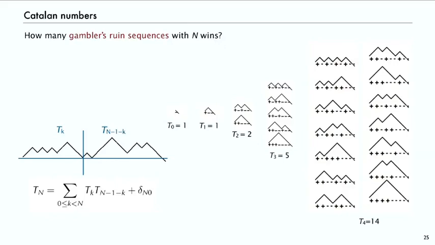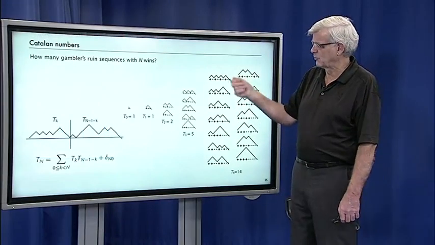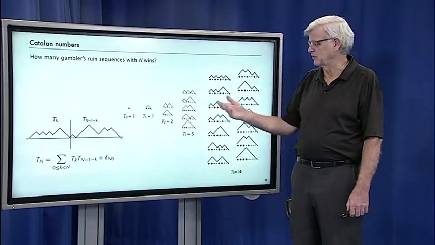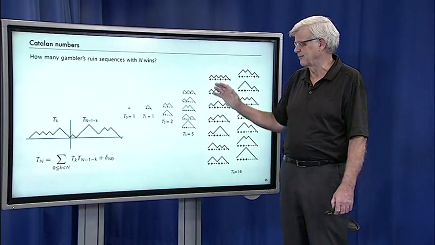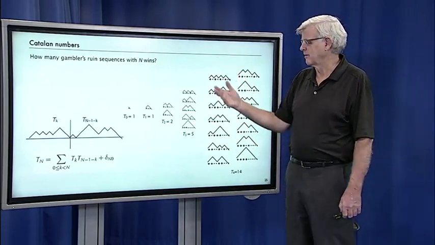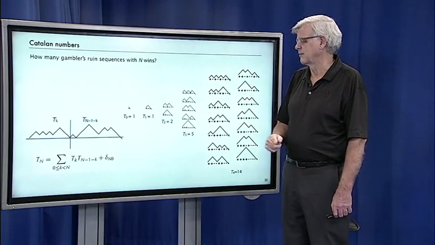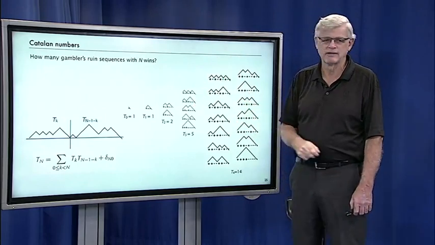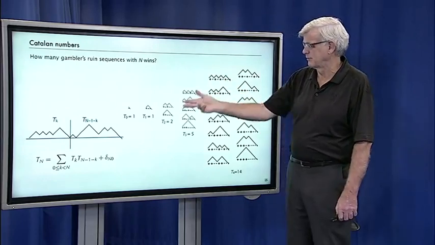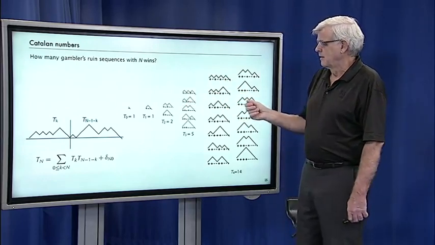The idea is the gambler will keep going until having $0 makes a bet and loses, and then the game's over. How many different ways are there for the gambler to do that with, say, n wins in the sequence? Well, there'll be n losses too.